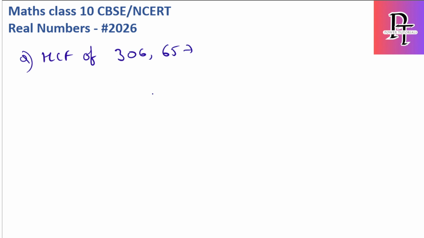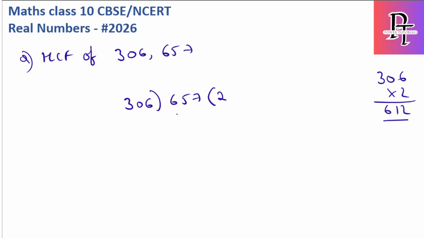So using the division method I'm going to solve this. 306, 657. So let's do it by 2. 6 2s are 12. I'll do it properly. 306, 2 2s are 6, 12, 2 3s are 6, 6 1s is 2. If I divide, I'll get 54.